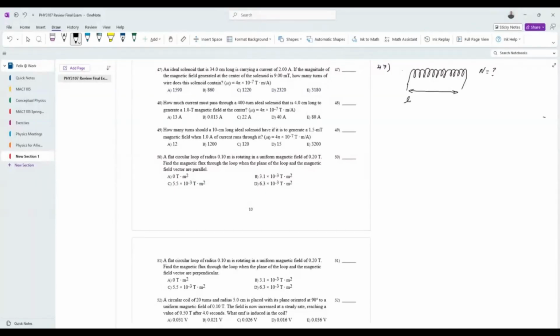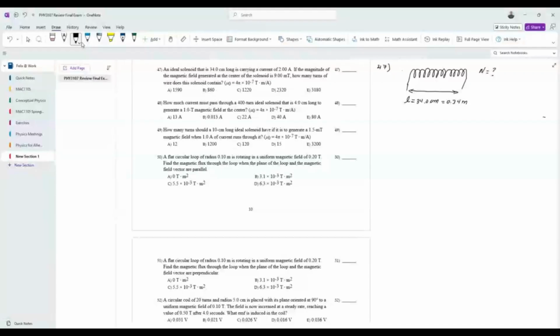They say that the length of the solenoid is 34 centimeters, which is 0.34 meters. They say that it carries a current of 2 amperes.